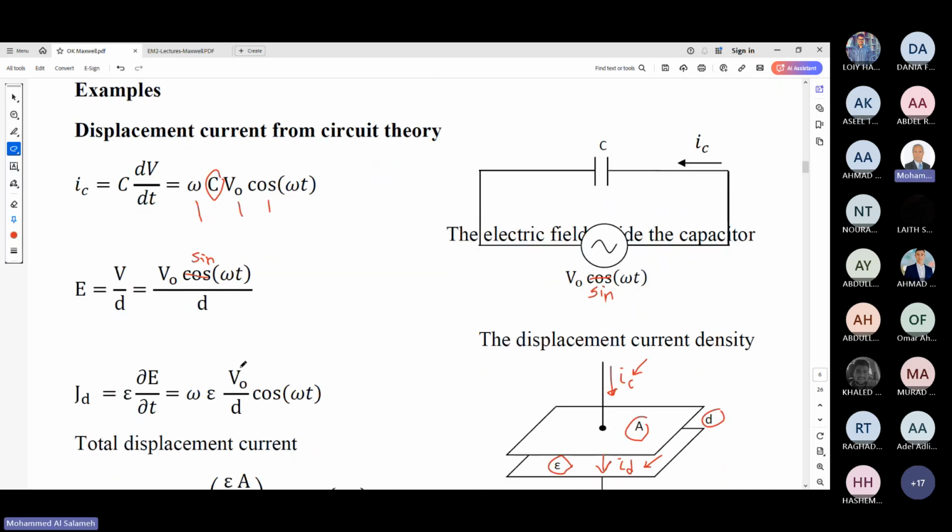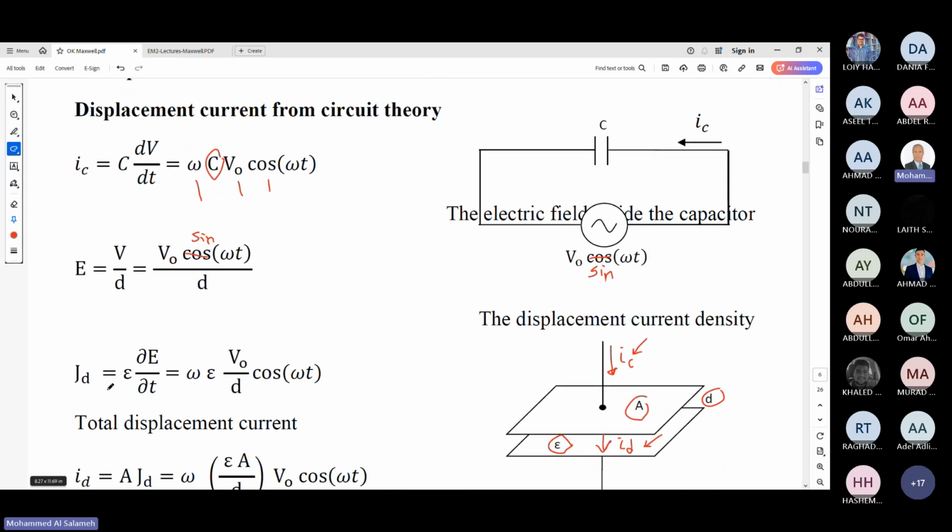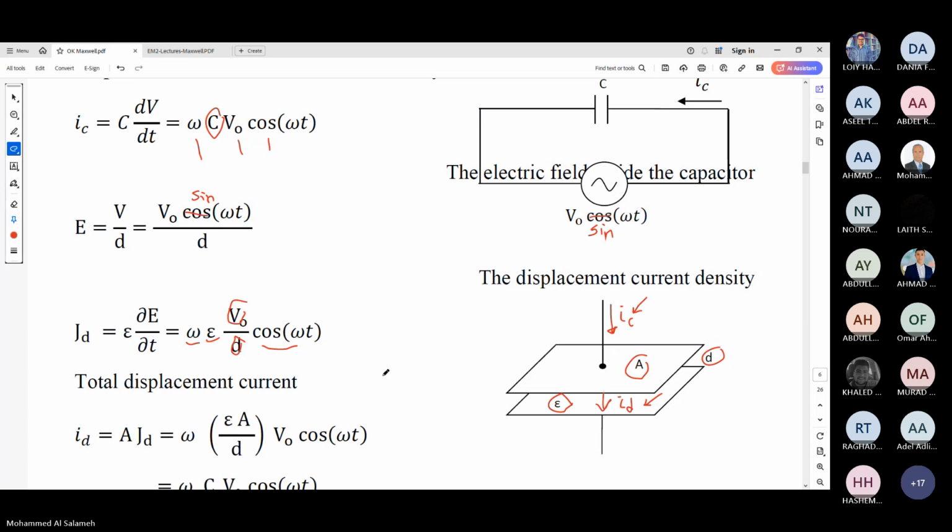So we have this is sine. Displacement current is equal to epsilon dE by dt. This is E. Epsilon is as it is, and V naught over D, okay. Derivative of sine is omega times cosine. Total displacement current: you multiply by the area because it is uniform here.